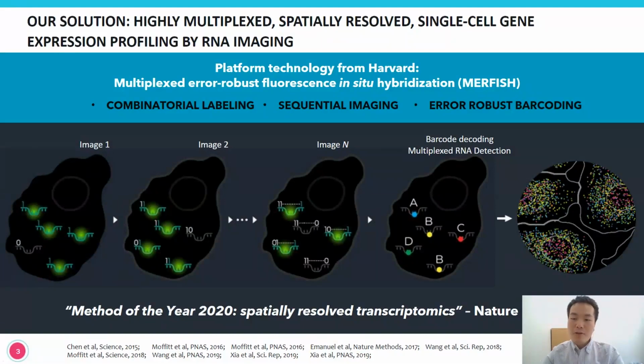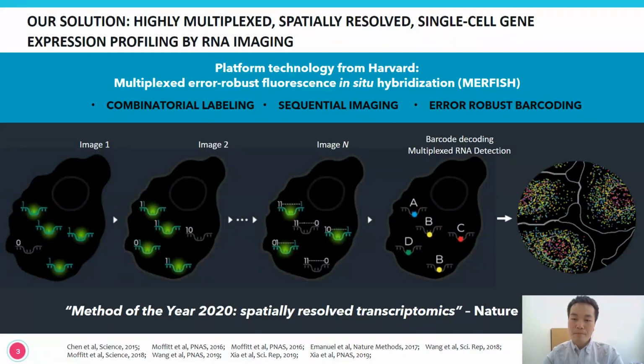Then each barcode is going to be detected through fluorescence imaging by sequential rounds of imaging. And the fluorescence on and off pattern generates an optical barcode, and we use this to help resolve different RNA species. This spatially resolved RNA profiling data really gives the physical picture for the cell or tissue of interest, as shown by the image on the right, with colored dots indicating different RNA species and gray lines indicating different cell boundaries.